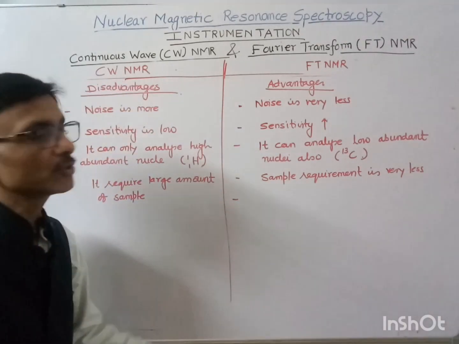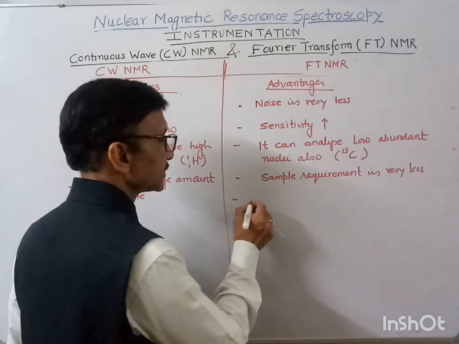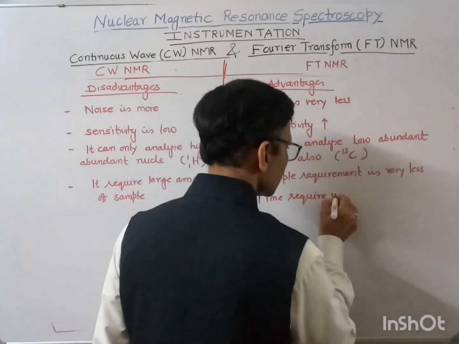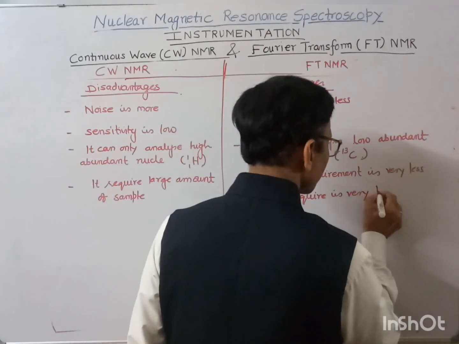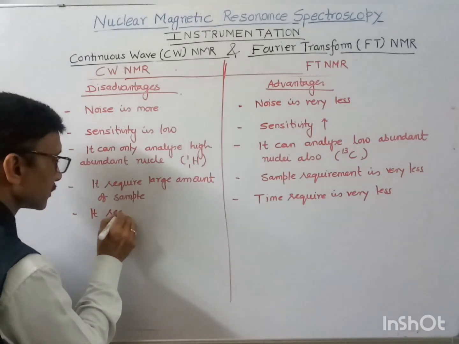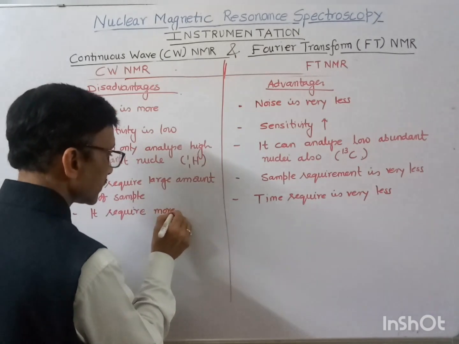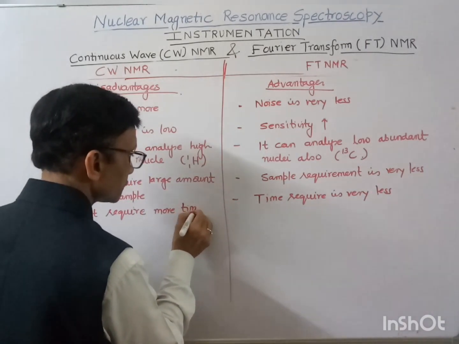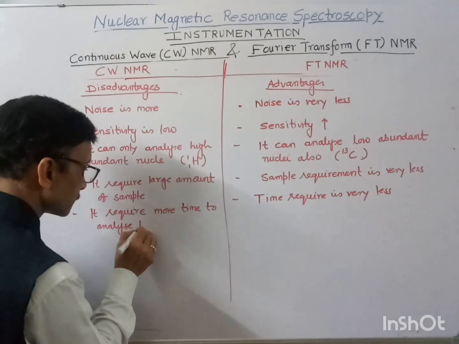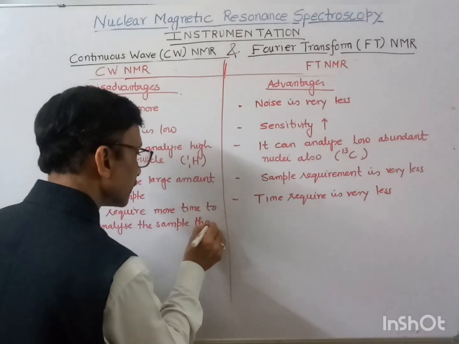Next, as I told, the time required to analyze the sample is very less in FT-NMR. CW-NMR requires more time to analyze the sample than FT-NMR.